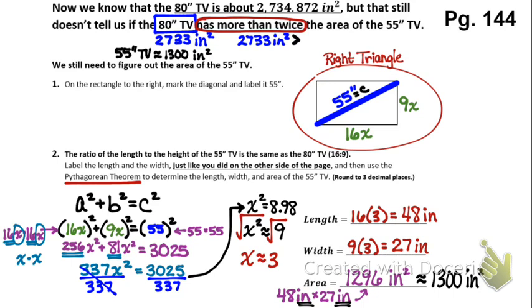We're trying to determine if this is true. Twice as much means to do what to the area of the other TV? Multiplied by 2. So I would do 2 times 1,300 inches squared. What is 2 times 1,300? 2,600.